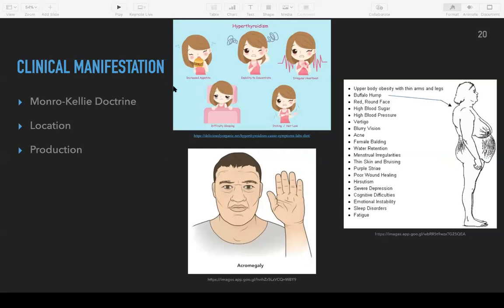So some of the patients have symptoms related to hyperthyroidism. Some of the patients have symptoms related to excessive growth hormone production. They will have acromegaly. And some of the patients have excessive production of cortisol, so they will have Cushing syndrome.